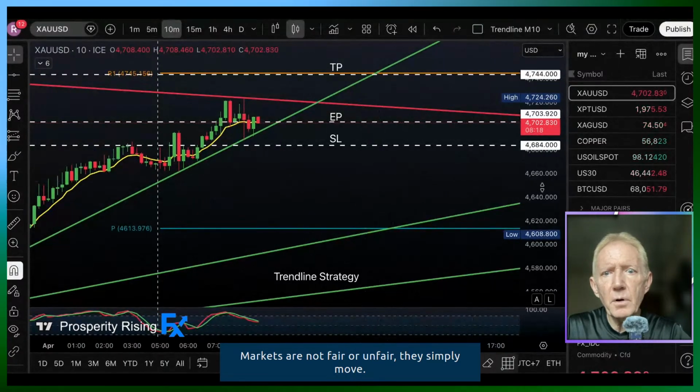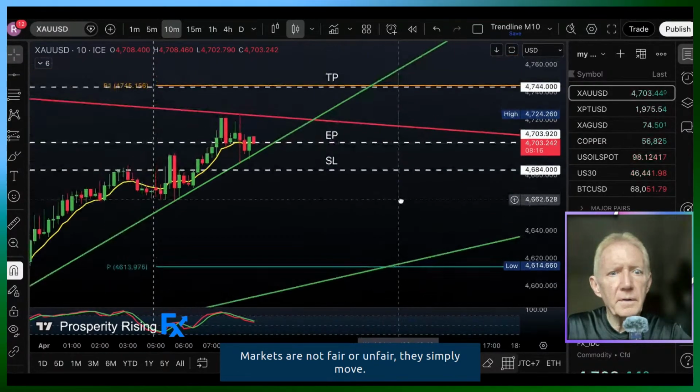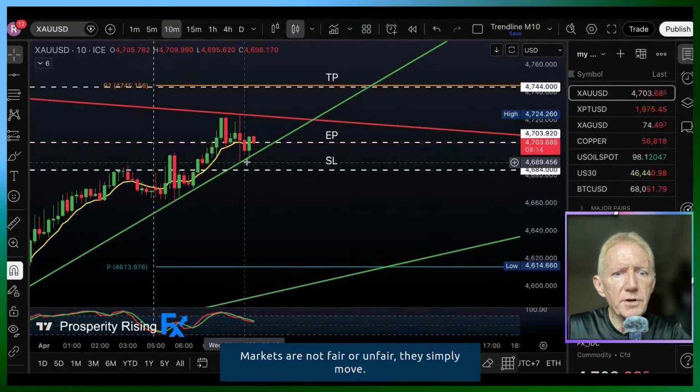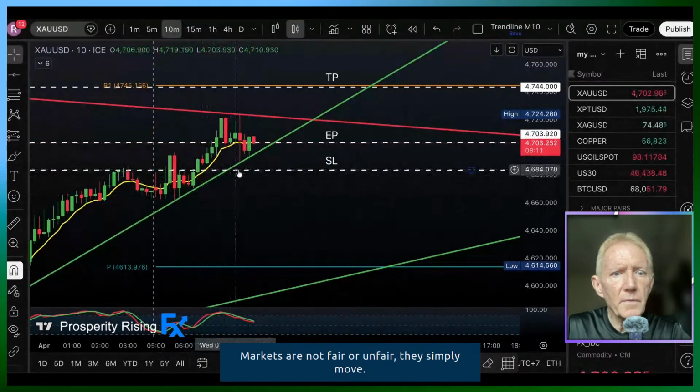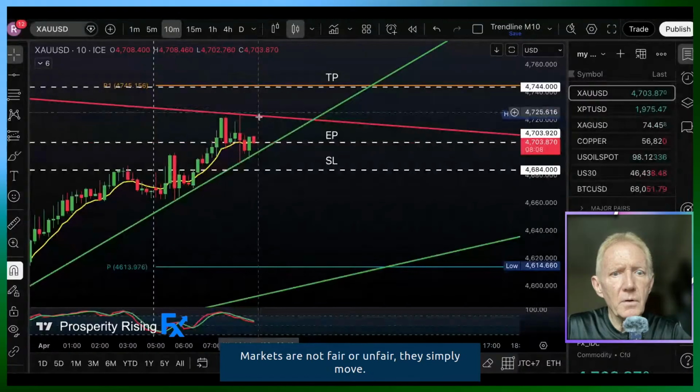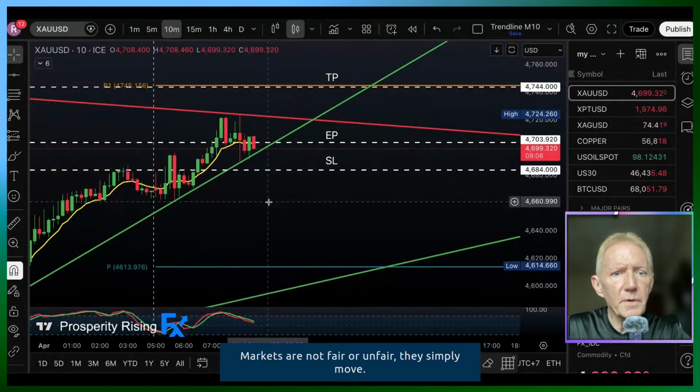Like I said, I could be wrong, and you don't often see me take a bounce trade. My preferred method is a break above or break below the trend line, but it can be used either way. And I just took a bounce.